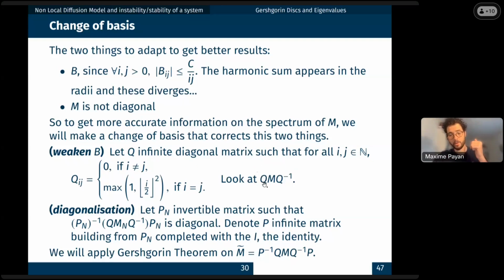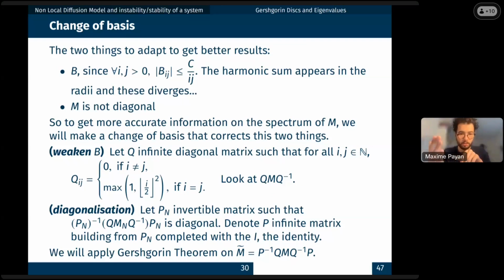So here we will not change the diagonal blocks of M, okay. So it will change just the B coefficients on the lines and the rows, okay.